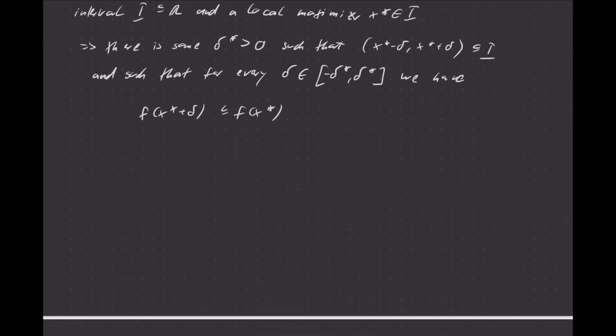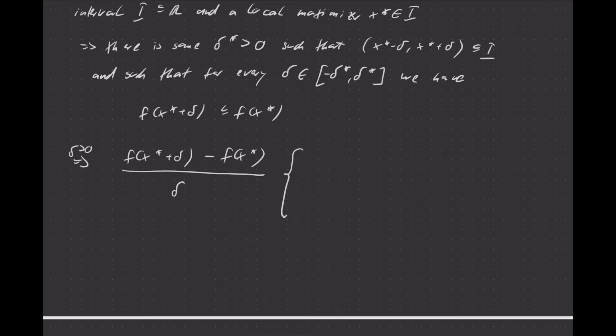And well, what does that mean? That implies, of course, that if we take the difference of those two, f of x star plus delta minus f of x star, now this will be less or equal to 0. And if we then divide this by delta, and let's assume delta is nonzero, so we will exclude 0 from this investigation here for the moment, then there's two possibilities.